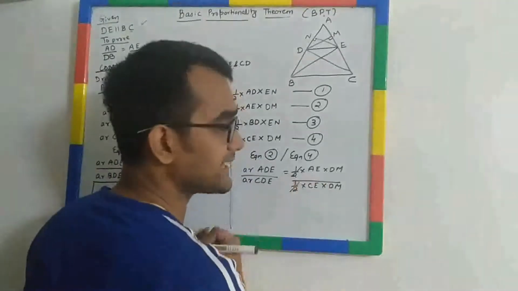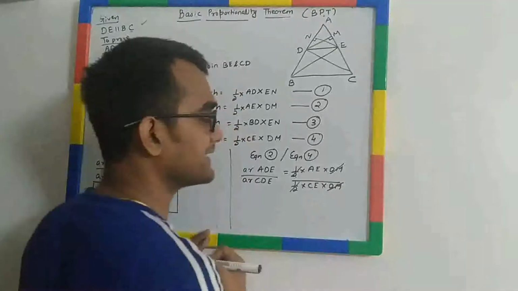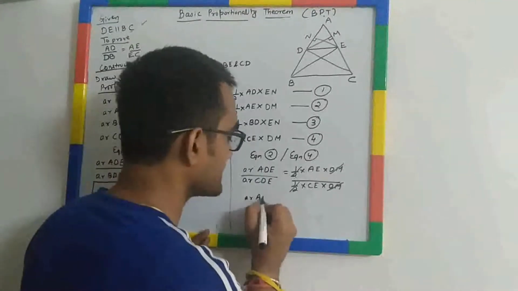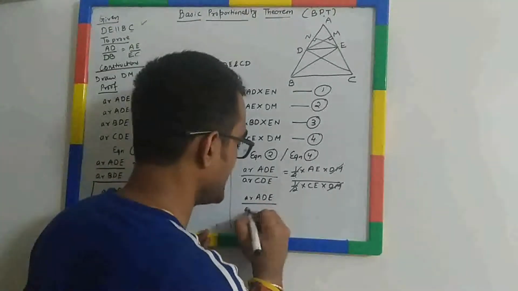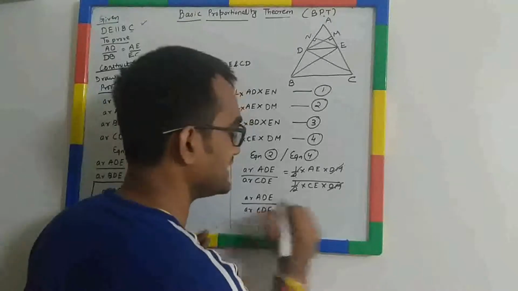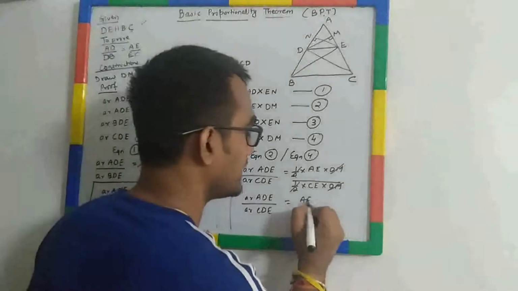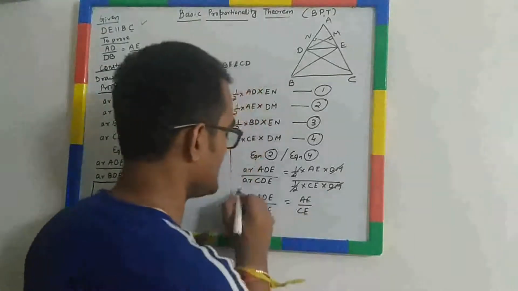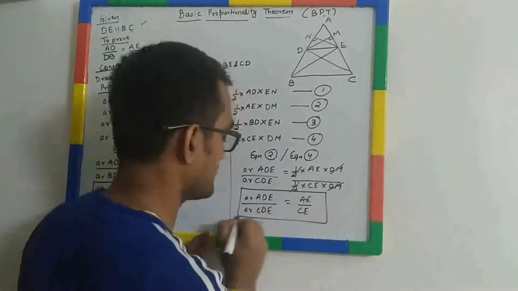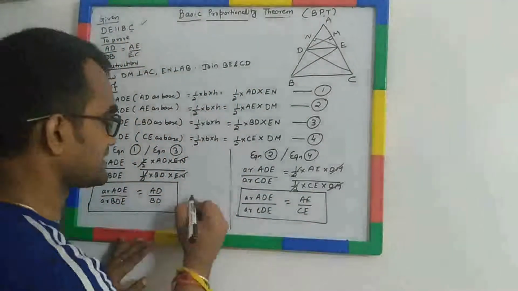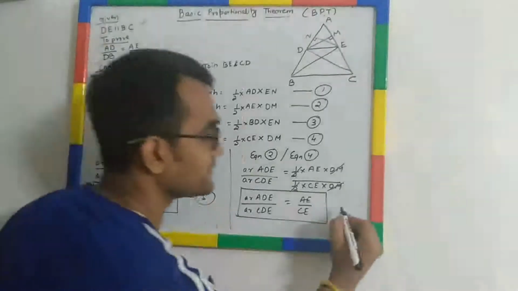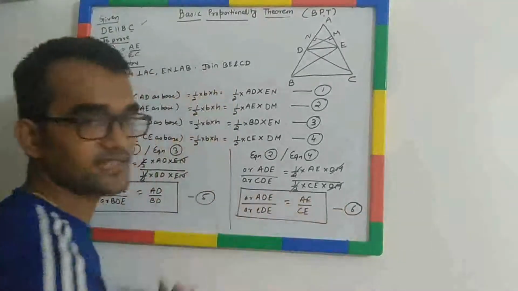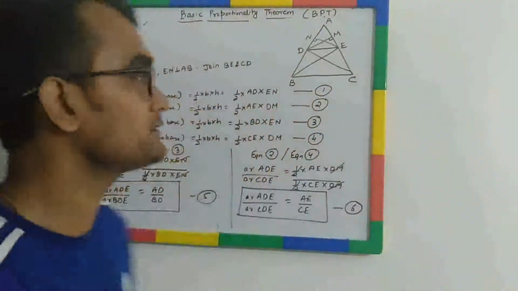Half and half will get cancelled, DM and DM will get cancelled. The remaining is area of ADE upon area of CDE will be equal to AE upon CE. So this is equation 5 and this is equation 6. Now we'll proceed further.